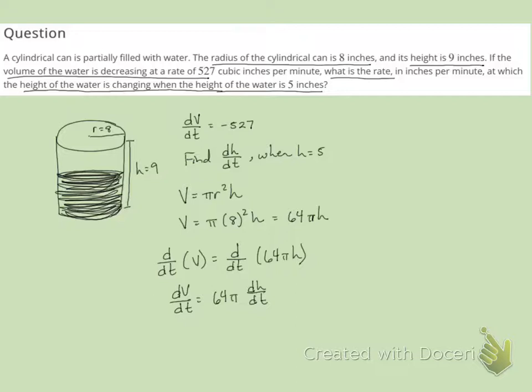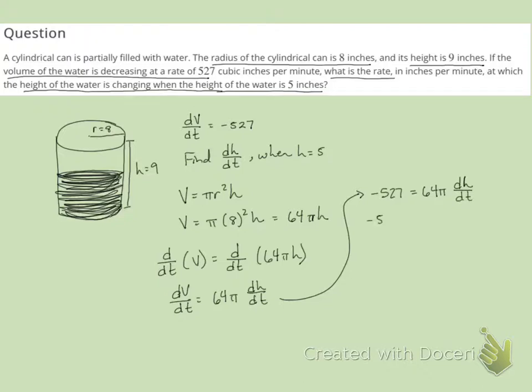We know what dV/dt is, so I'm going to bring this up over here. We know that dV/dt is negative 527, and that should be a 64. And we're looking for dH/dt.